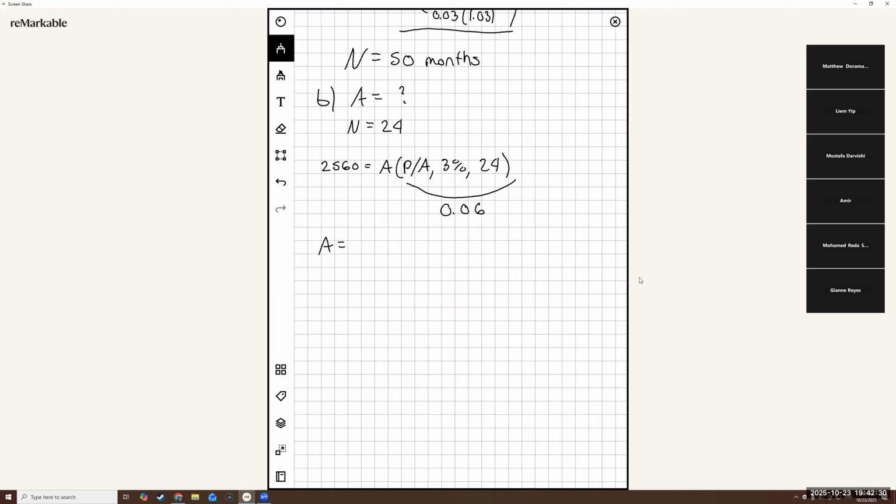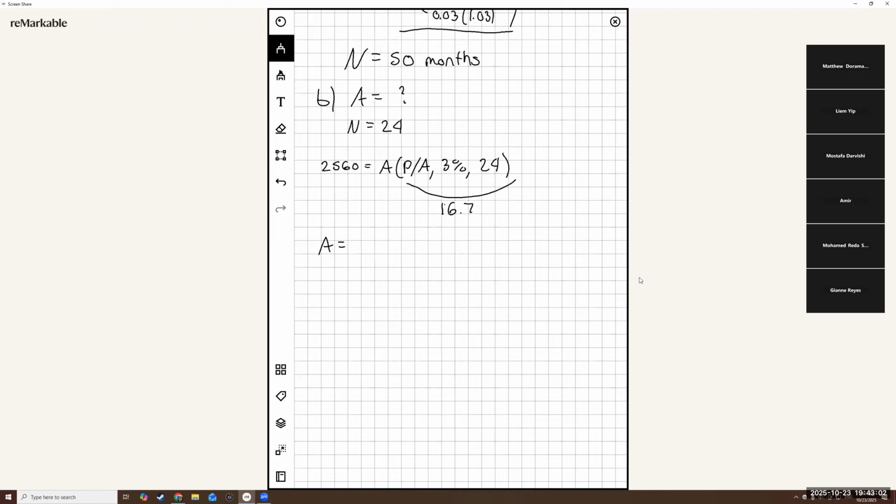So if you take 2,560 and divide by 0.06, you get... sorry, just a slight mistake here. I wrote the inverse of the answer, not the answer itself. So this factor should come out to 16.7.